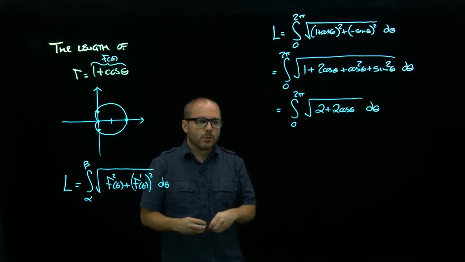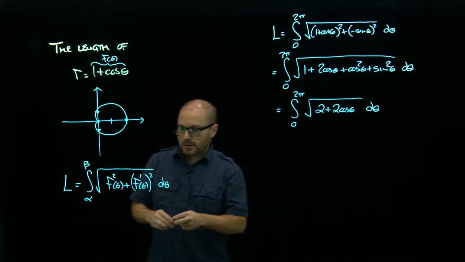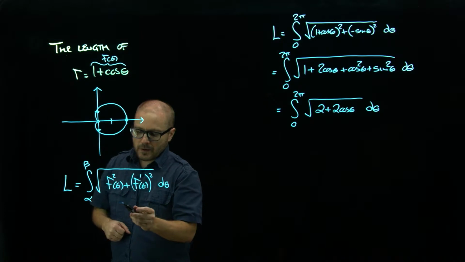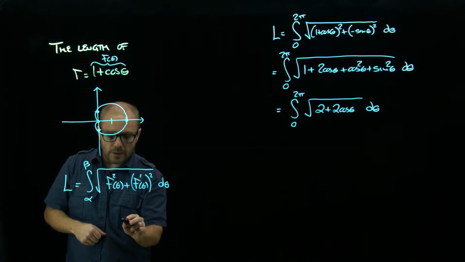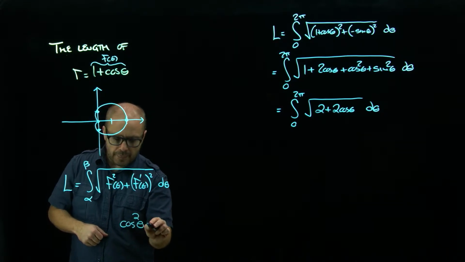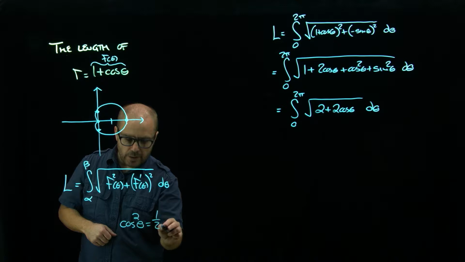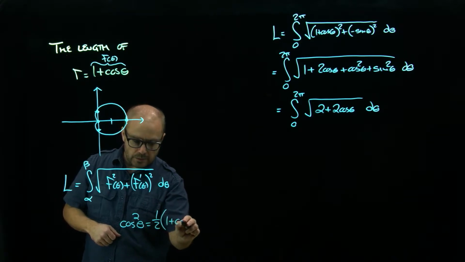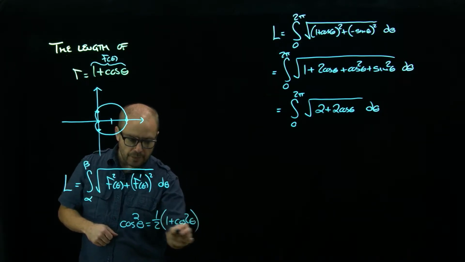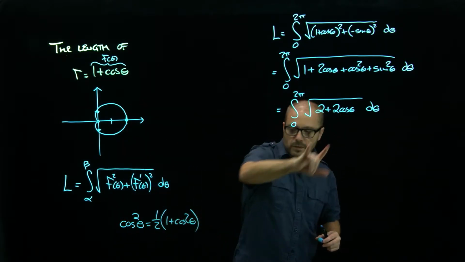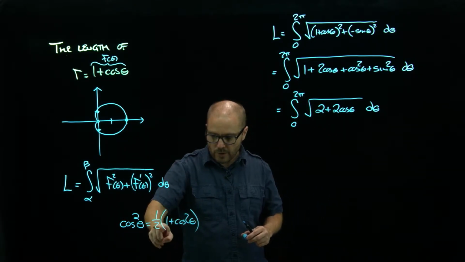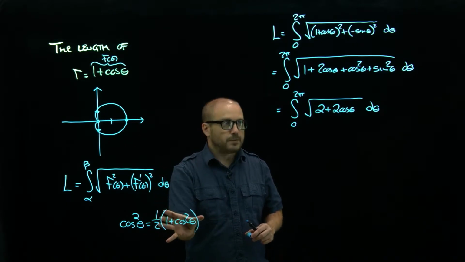The closest thing we have, maybe I'll just write it down here out of the way, is cosine squared. We've been using this identity, cosine squared is 1/2 times 1 plus cosine 2 theta. It's got a constant plus cosine. This is essentially 2 times that, or with the half, 4 times that, right?